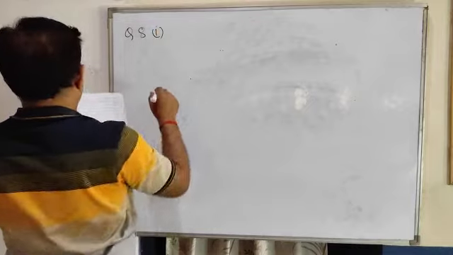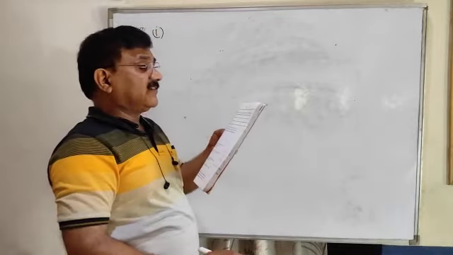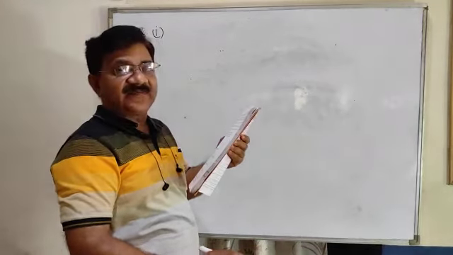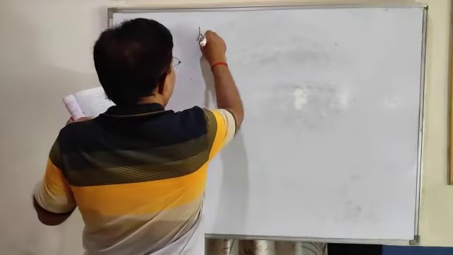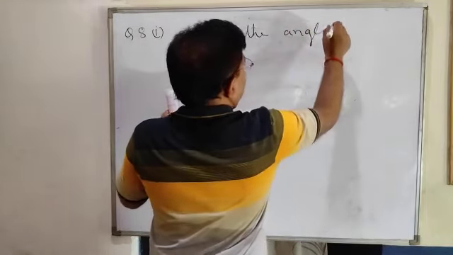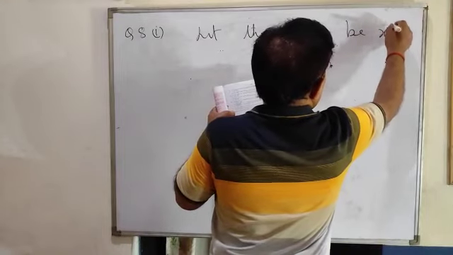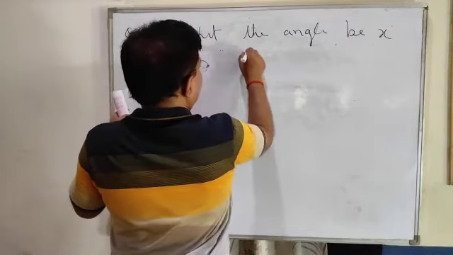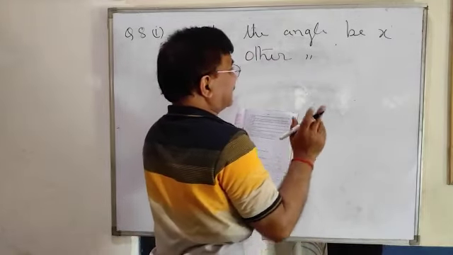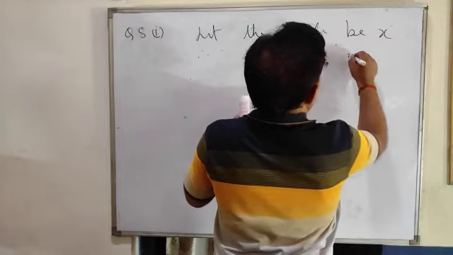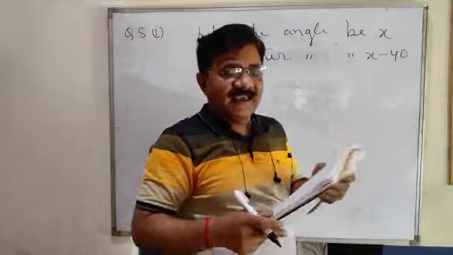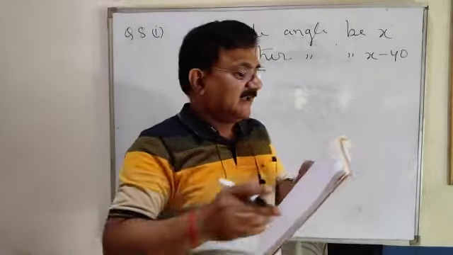Question 8, 1. The sum of two adjacent angles is 110 degrees and one of them is 40 degrees less than the other. Let the angle be x degrees. Therefore, the other angle, which is 40 degrees less, will be x minus 40, and their sum is 110 degrees.